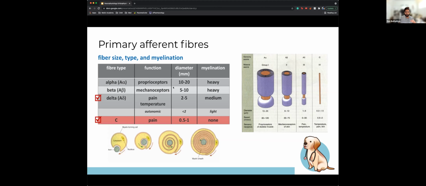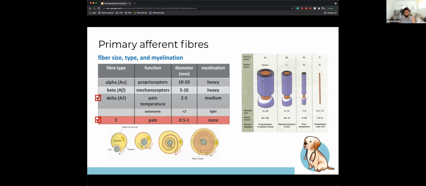And if you think about it, we want those fibers to be heavily myelinated, because that means we're getting that information quicker to our brain so that we can perceive it quicker as well. Whereas our small myelinated fibers, the delta ones, are more for non-discriminative sensation, like pain is non-discriminative.